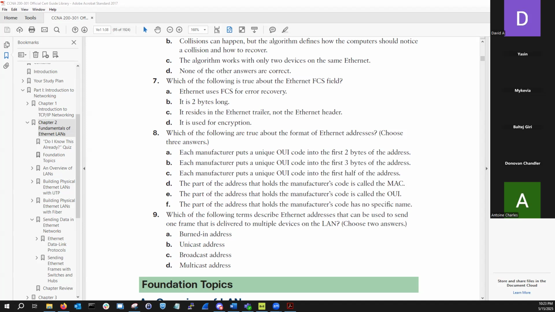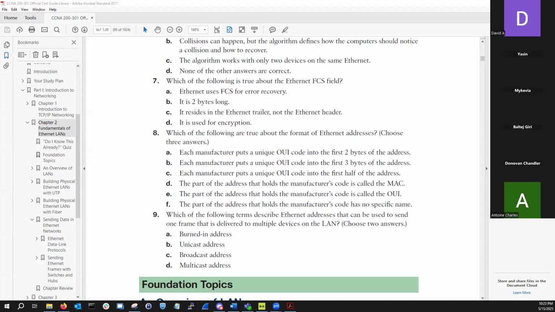Which of the following are true about the format of Ethernet addresses? Choose 3 answers. Answer A: each manufacturer puts a unique OUI code into the first 2 bytes of the address.